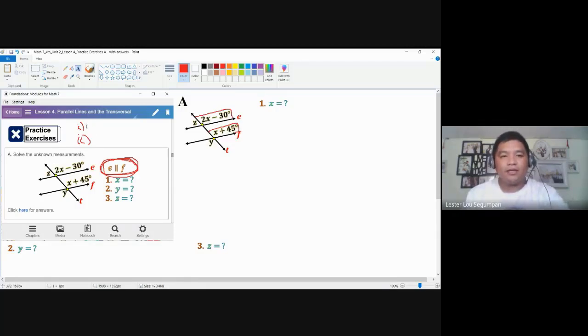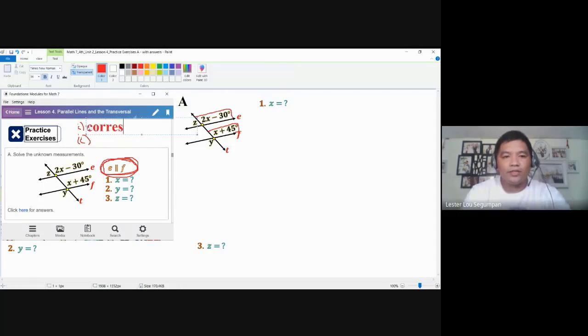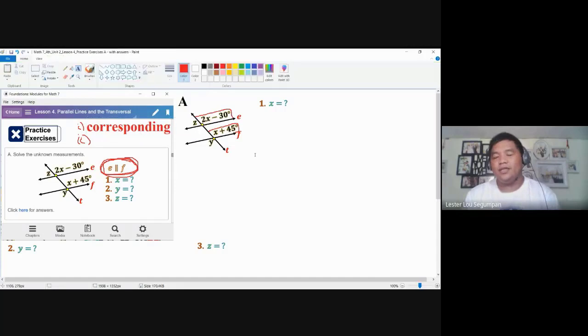Let me type it here. Corresponding angles. Now that we are sure they are corresponding angles and we are already given with this relationship here, we can now use one of the five special relationships given in the form of postulate, which is actually concerned on corresponding angles.